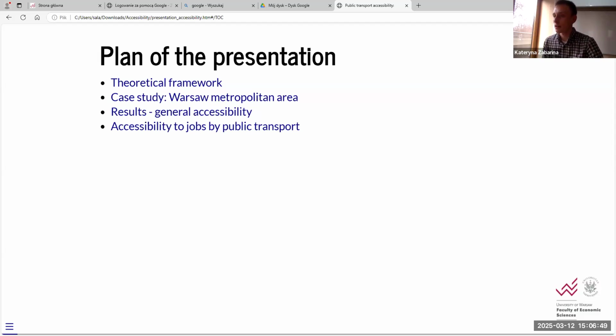I will provide some, I would say, technical details how to deal with transportation data. And then we will proceed to a case study, which was the topic of my bachelor's thesis, which is public transport accessibility in the Warsaw metropolitan area. We will go through results, and that's the outline of today's seminar.